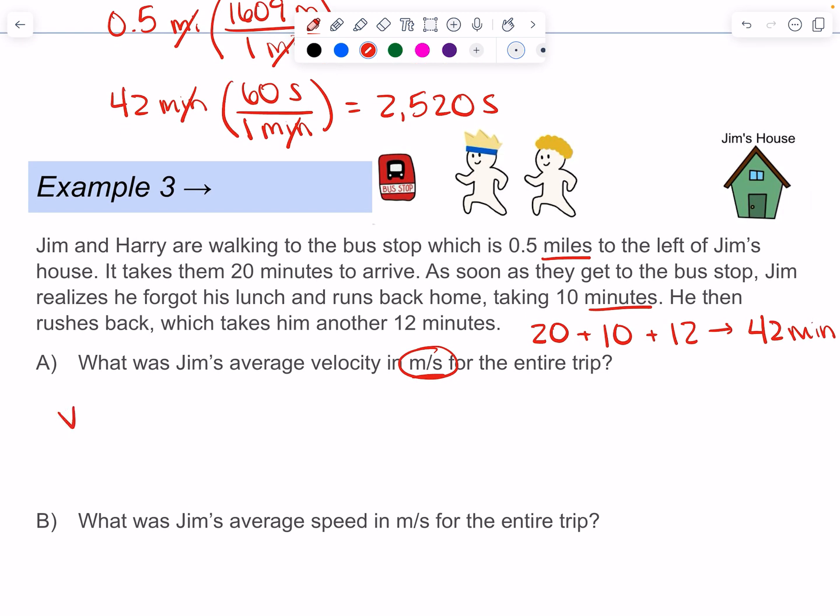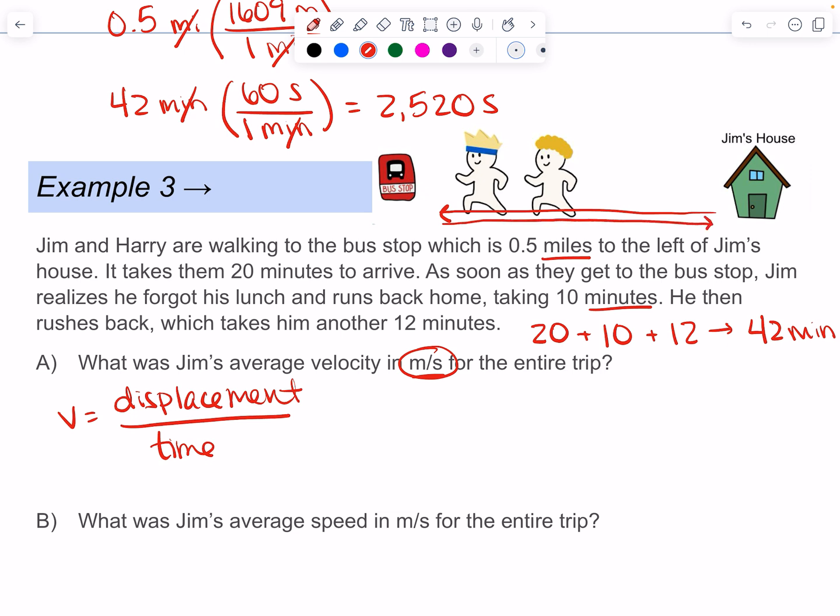Average velocity is displacement over time, right? And if Jim goes forward 804.5 meters, then backwards 804.5 meters, and then forwards again, his overall displacement ends up just being 804.5 meters in that 2,520 second journey.